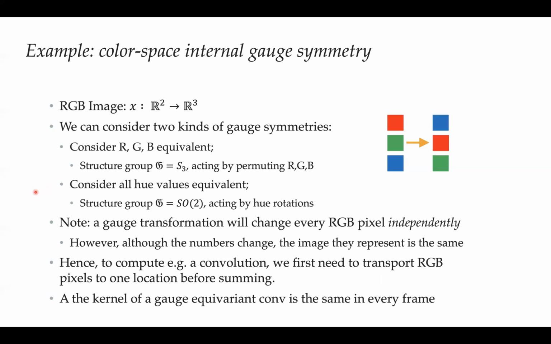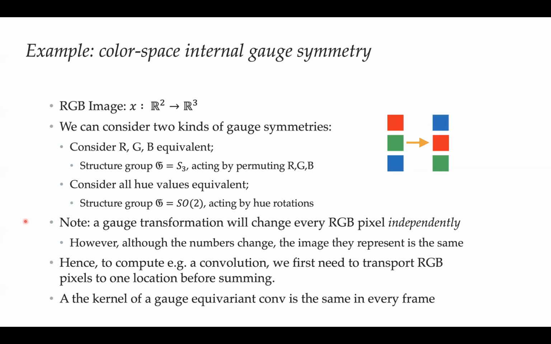So if you were to plot this, and also if you were to do any computation on this gauge transformed RGB image, you need to take into account the gauge transformation that was applied. You need to remember for each pixel what is the order of red, green, and blue. Now, so far, this seems like a pretty pointless exercise, right? Why would you arbitrarily change the order of R, G, and B in every pixel?